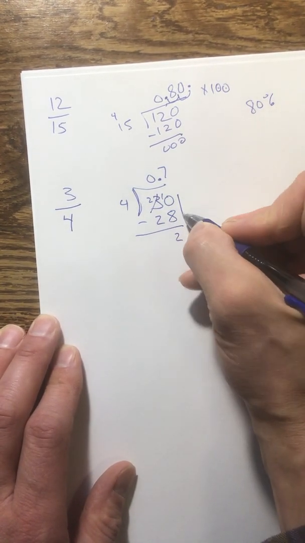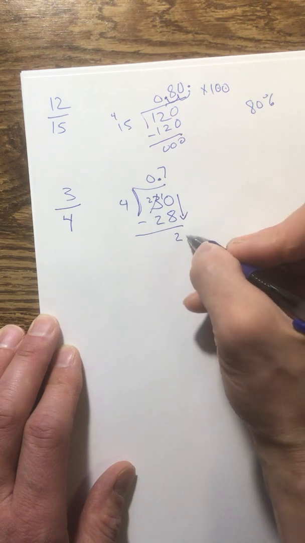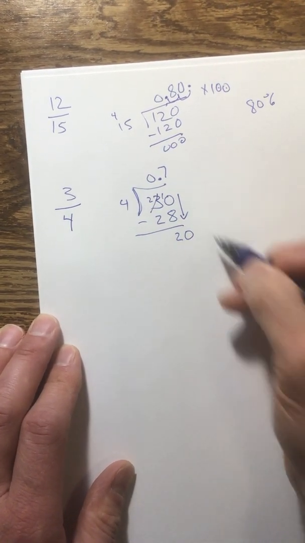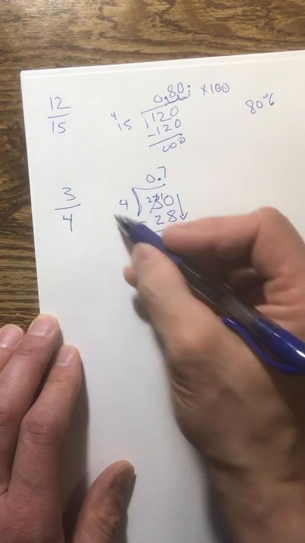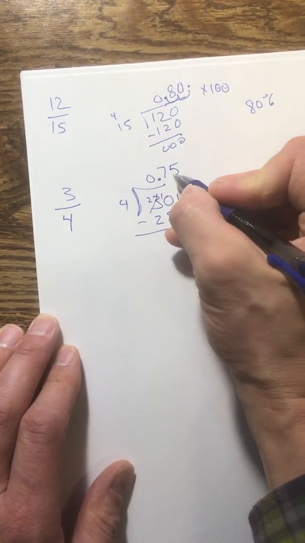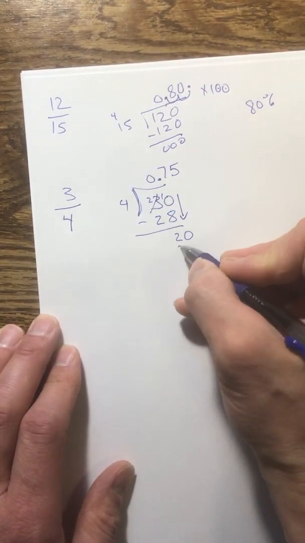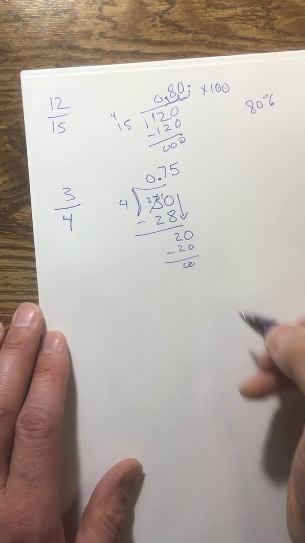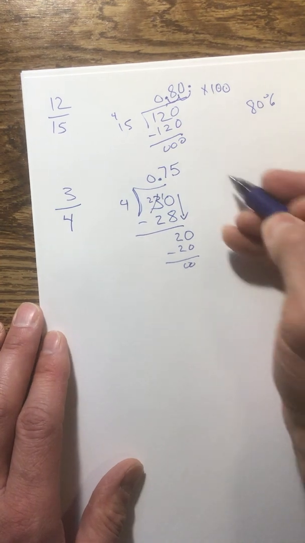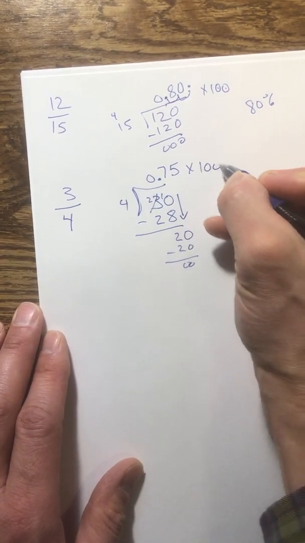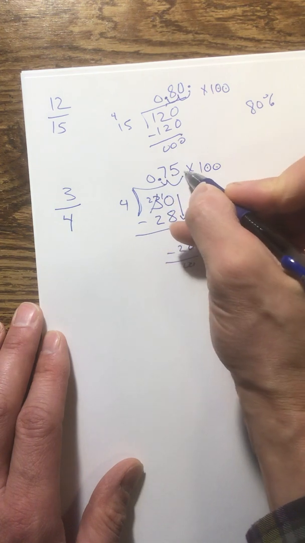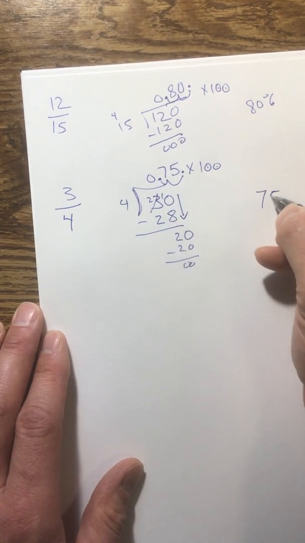Still got space to work, so let's bring down our next number. There's no number, so we put down a 0. Anytime there's no number to bring down, you just make it a 0. 4 into 20, well, that's a 5. 5 times 4 is 20. We're all good. Everything's gone. 0.75. Well, I got to times that by 100 to make it a percent. There's 2 zeros, so I move it 2 spaces. So my percent is going to be 75%.